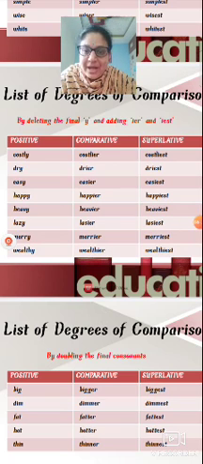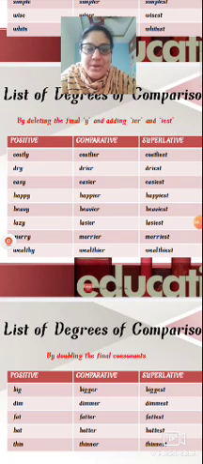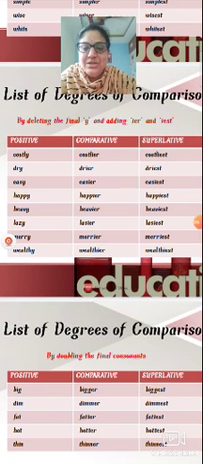Dry, also ending with the Y. So here in the comparative degree you have removed the Y, and then you have taken the IER, and in the superlative you have removed the Y and taken the IEST: drier and driest.